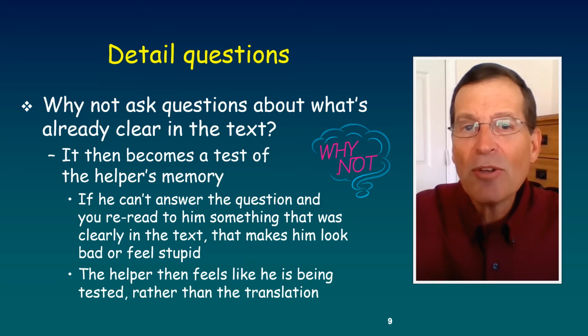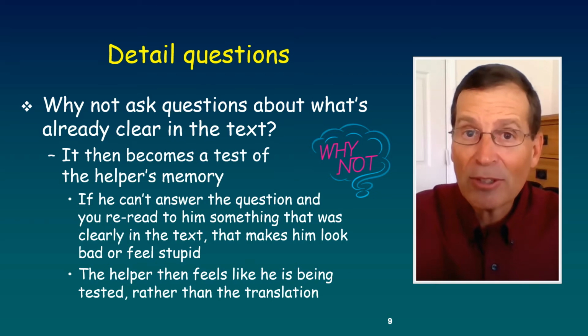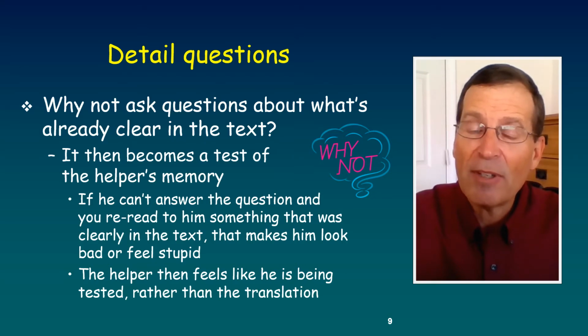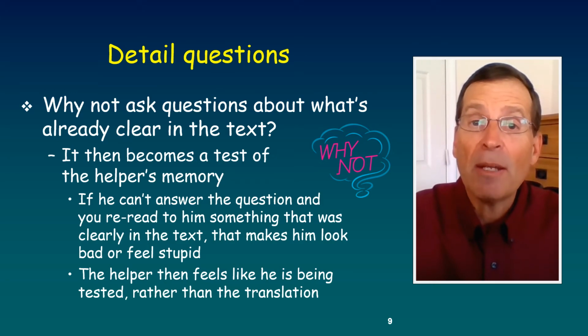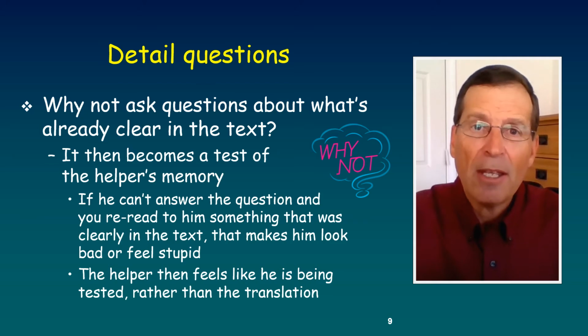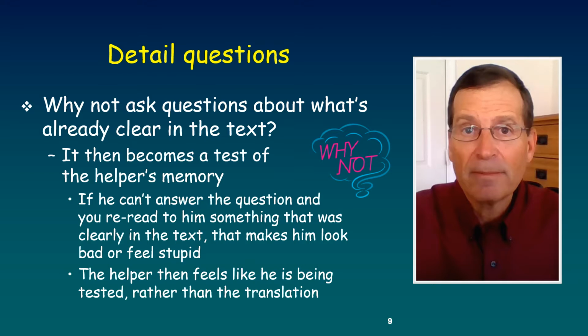So it's better to focus on areas that are potentially unclear in order to see if he'll understand those or not. That is a better way to help us actually improve the translation and make changes that will make the text better.